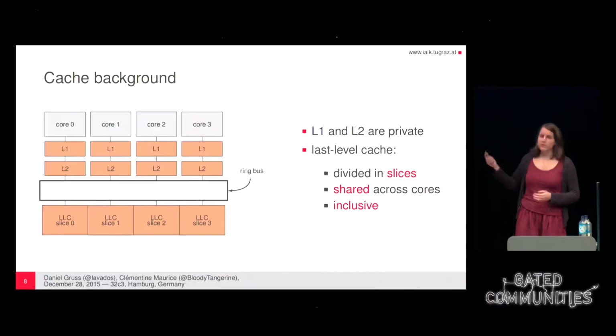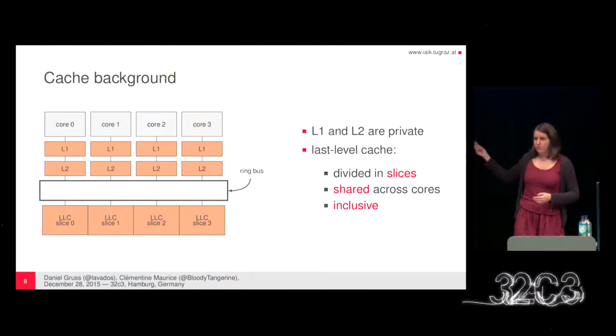This instruction flushes a line from the cache, so that the next access will be served from the DRAM. Now a bit of background on this cache, because it's really important for the remainder of the talk. On modern processors, we have several cores, so let's say 4 cores.